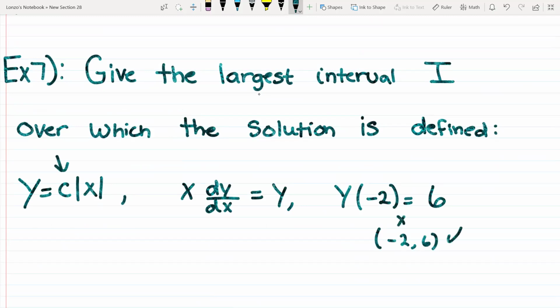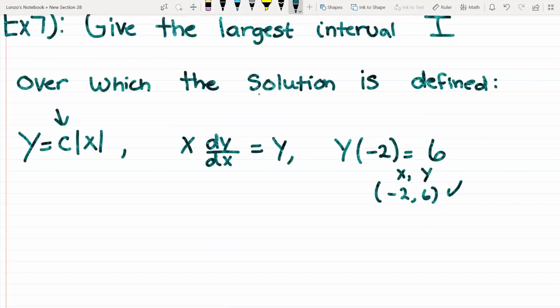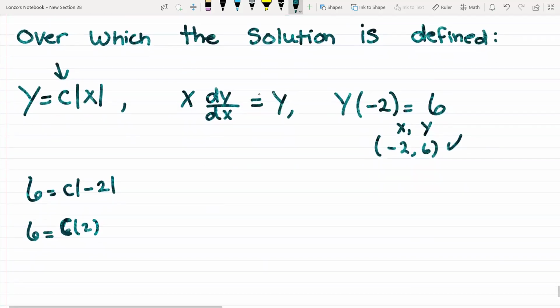So -2 is x, 6 is your y. Plug it into this equation. So it's going to be 6 equals c times the absolute value of -2, which is +2. Whoops, why did I put a 6? This should be a c. And then solve for c by dividing both sides by 2. So c equals 3.